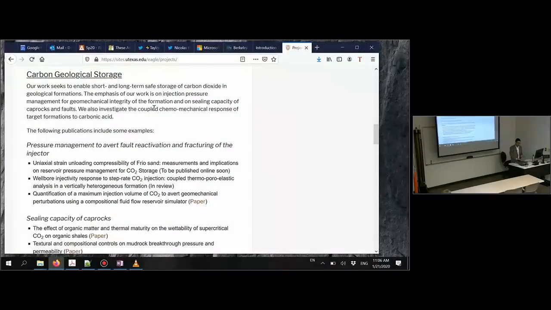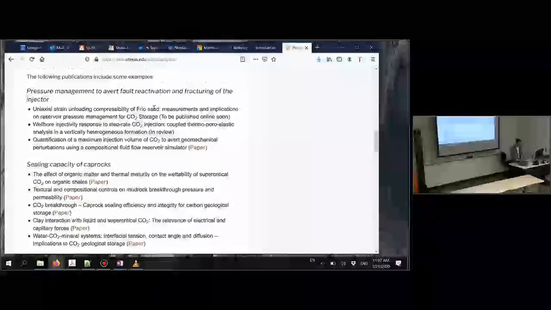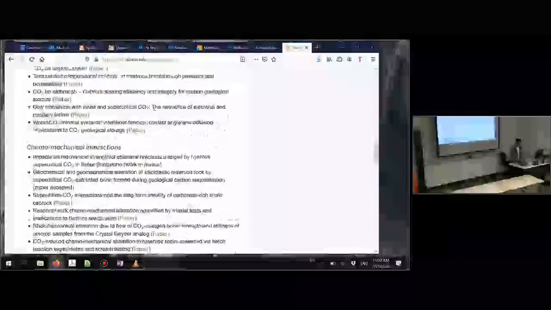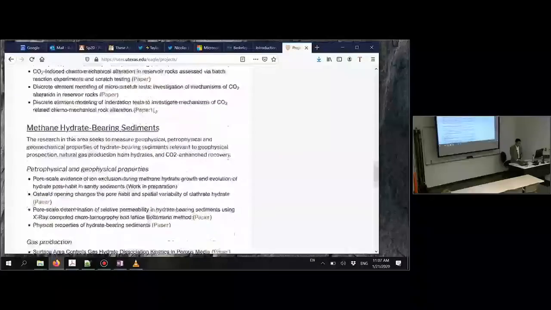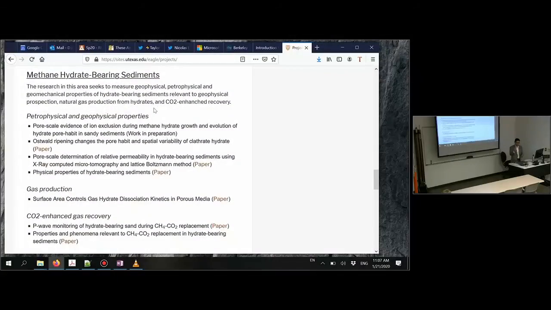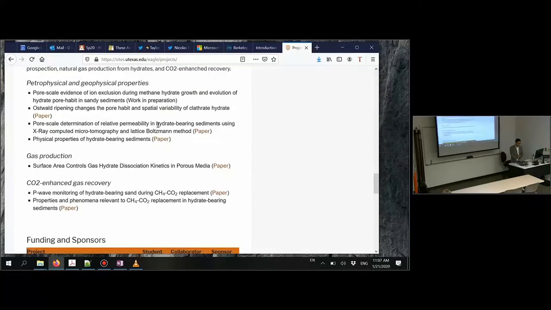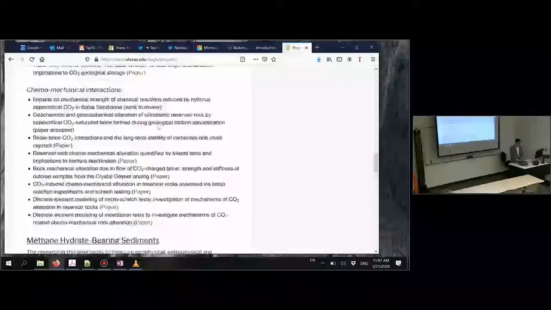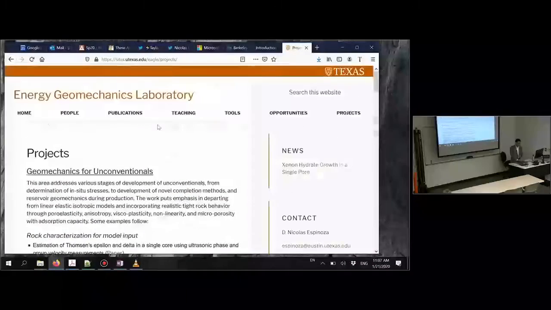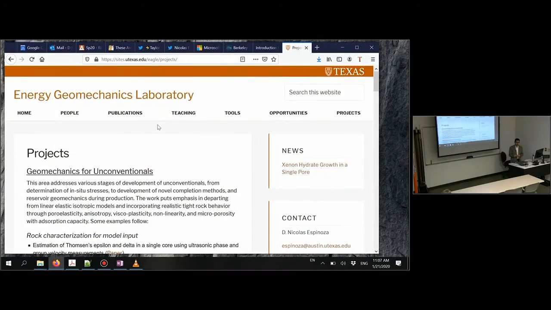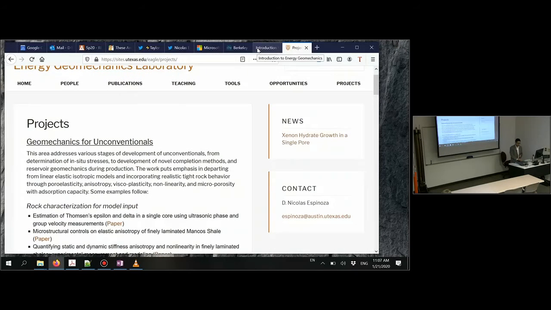I'm also working on carbon geological storage, and we're going to talk a little bit about this later on, and also about other sources of unconventional gas. But you know, here you have a comprehensive list, and these are most of the topics in geomechanics I work with. So I encourage you, if you want to get to know a little bit more what I do, that you take a look at this list.